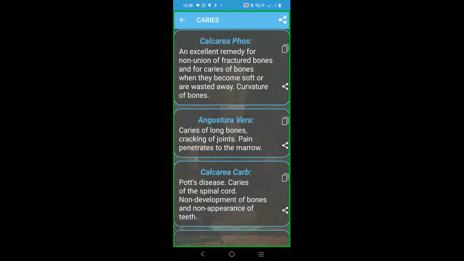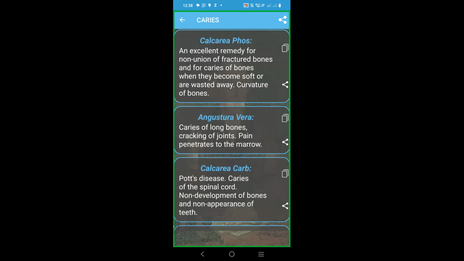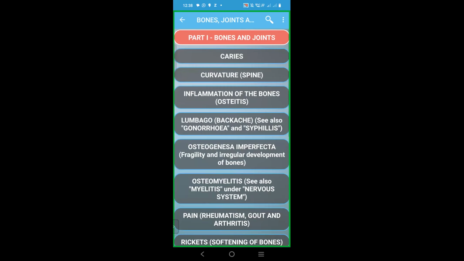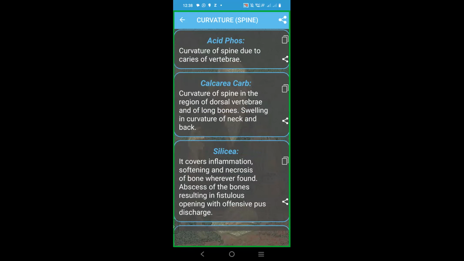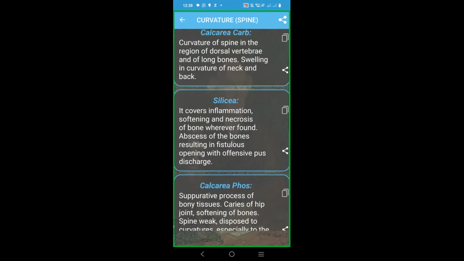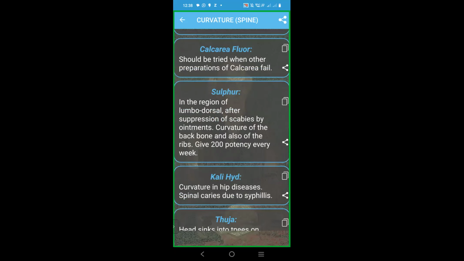Since it is vibronics, we are giving remedies in the form of vibronics, so you can definitely give. And curvature of the spine: acid phos, calcarea carb, silicea, calcarea phos, and sulphur.